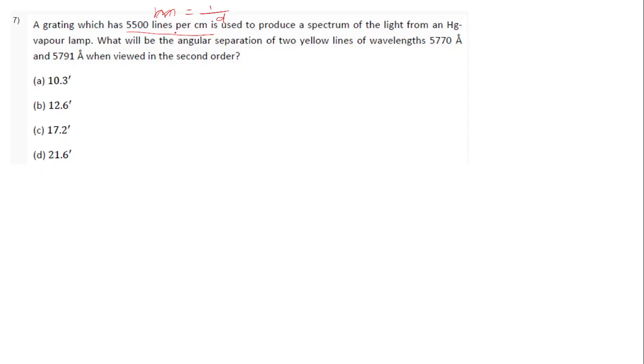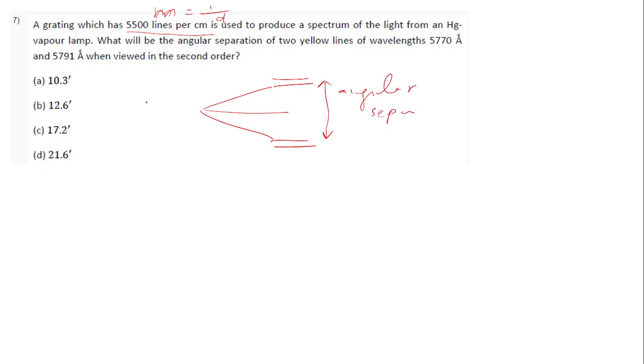So a grating which has 5500 lines per centimeter is used to produce a spectrum of light from this mercury vapor lamp. What will be the angular separation of the two yellow lines of wavelength this and this when viewed in the second order? So what is happening? From the grating, at the center there will be something, and on either side of it we will be getting a yellow line, okay, and we have to calculate their angular separation.